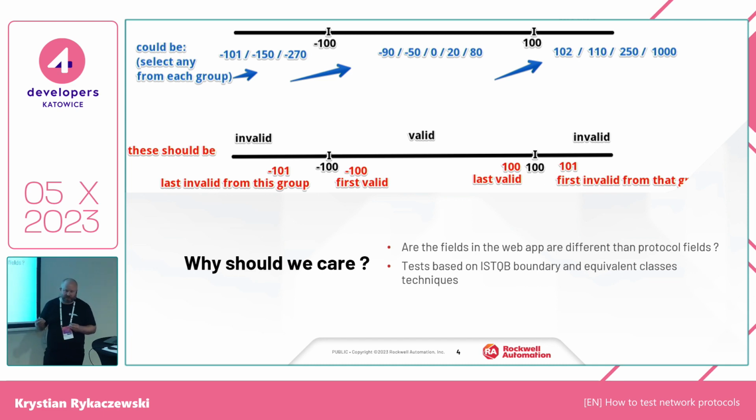So protocols also have fields, also take inputs from the user according to the RFC, according to the software requirements, the functional requirements. There are some values which can be taken and successfully proceed, and some of those should be rejected. Some error code should be sent back to the client or the application. All right, so this is the one approach which we can take.